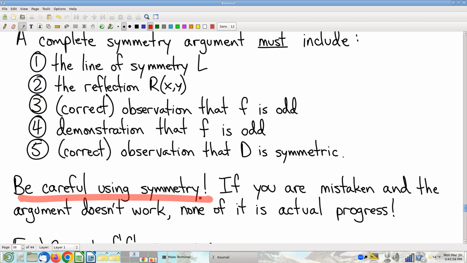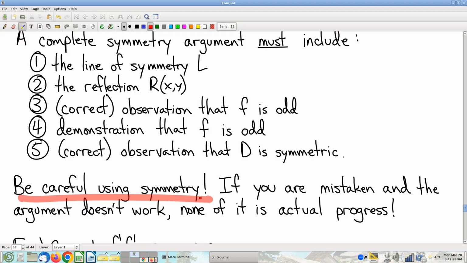It is very delicate. If anything goes wrong, then it goes off the rails so fast. Or even worse, you could accidentally put an argument onto the rails that shouldn't have gone on, that should have gone off the rails. So, for example, if you have a function that's not odd, there is no symmetry argument, right?